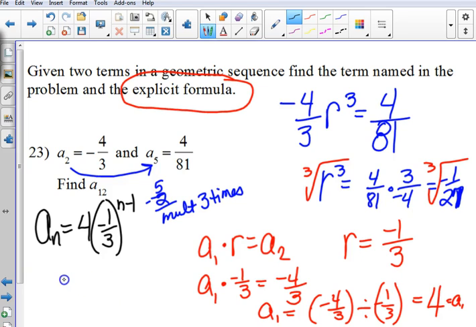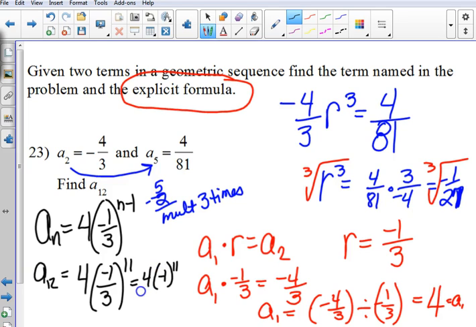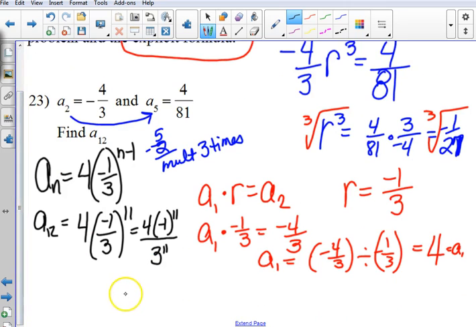All right, now what do we have to do to find the 12th term? Okay, I think we might need our magical powers of... We're going to do negative 1 over 3 to the 11th, right? Okay, so I think we have to do 4 times negative 1 to the 11th, which is going to be negative 4, over 3 to the 11th, because I want an exact answer.